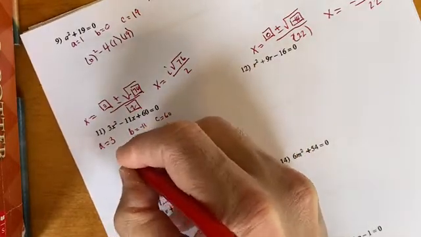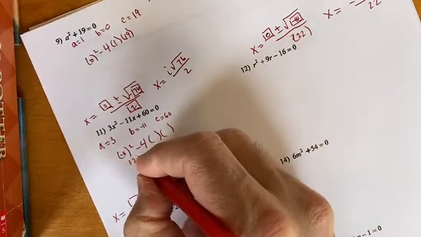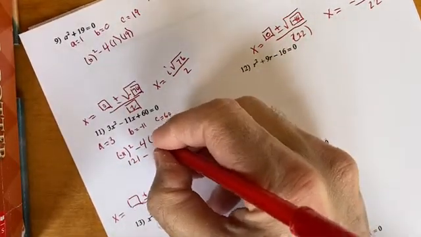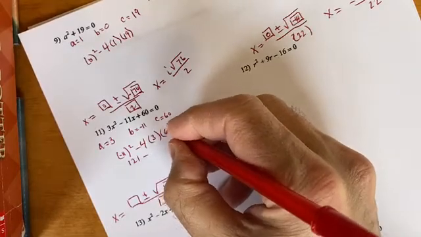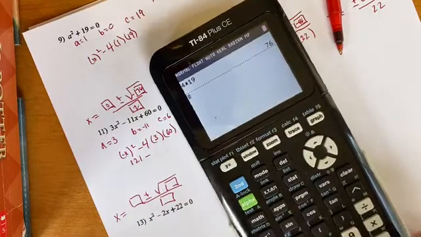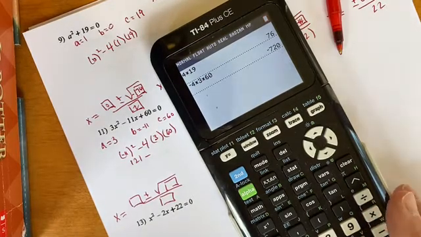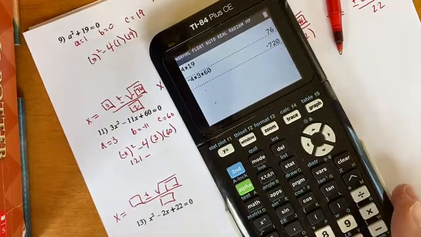Negative 11 squared, which is 121. Negative 4 times 3 times 60 is negative 720.